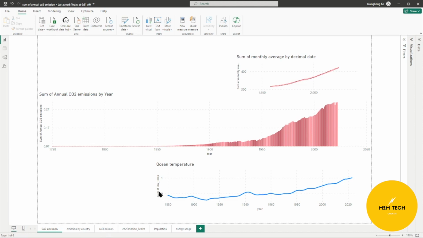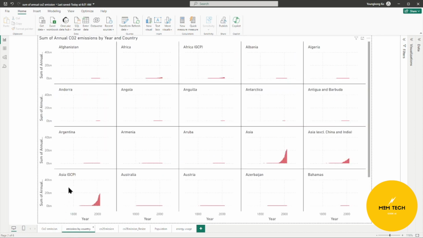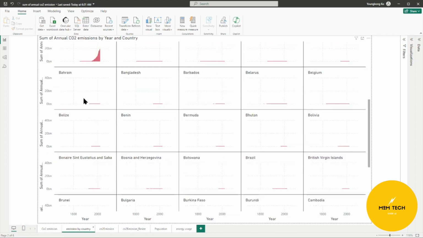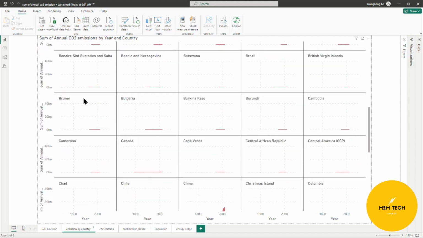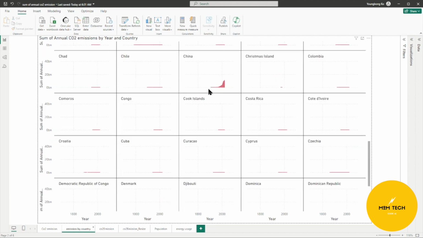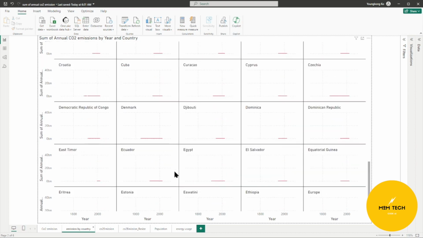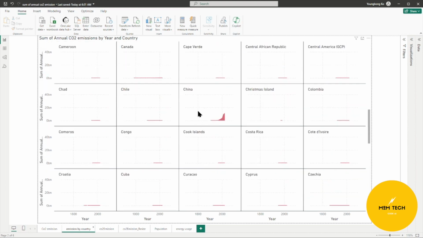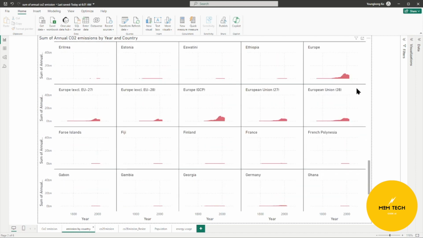Why is the CO2 emission growing so significantly? I'm trying to show it by country, based on global CO2 emission through the years. Many other countries show just a flat graph compared to the others, other than China and some European countries, and these are the different indicators.